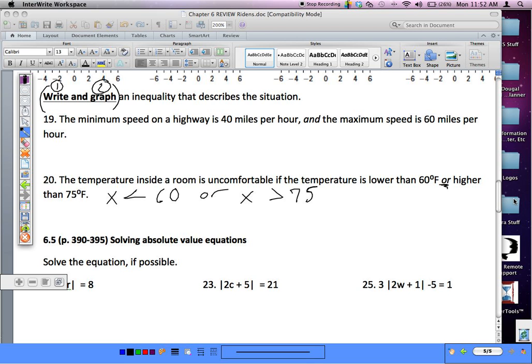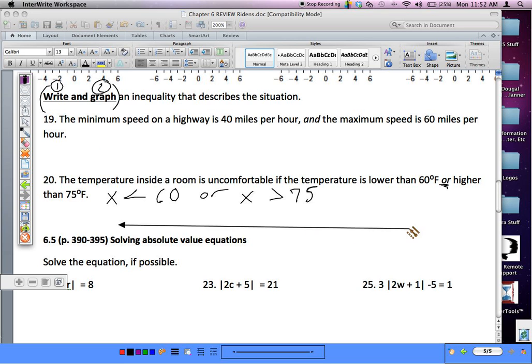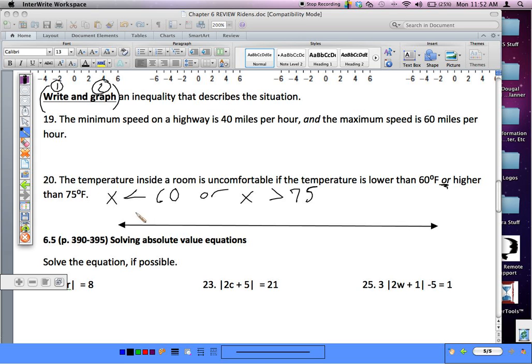What happens next? We've got them written, sorry, I gave you the answer. We got to go on the graph. So here's our graph. We're going to need a few dashes on our graph.